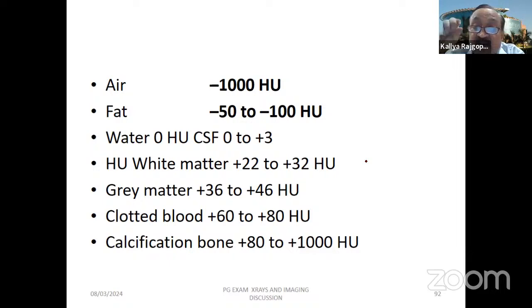When you are using a contrast, one should be careful about the dehydration of the patient, and you should also see creatinine values. That's a bare minimum thing which a postgraduate should know: whenever contrast is given, contrast-induced nephropathy is one of the dangerous problems.